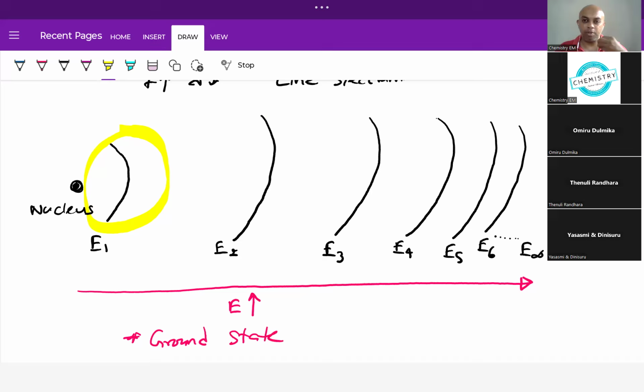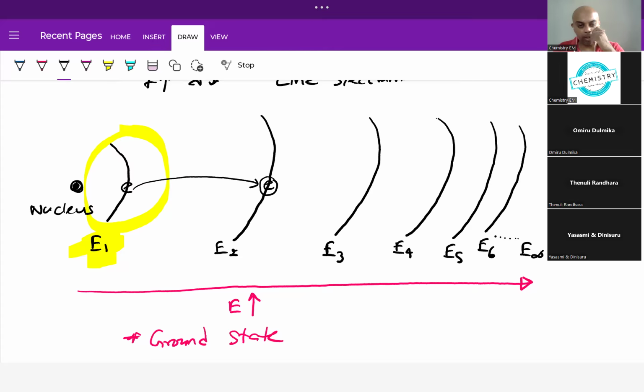So it is absorbing energy and enhancing its energy. So after the energy is enhanced, ground state එකේ E1 කියන එක ගත්තොත්, E1 එකේ energy එකට වඩා එයාගේ energy එක වැඩි වුණොත් up to E2, then this electron will jump to E2. It will go to E2.